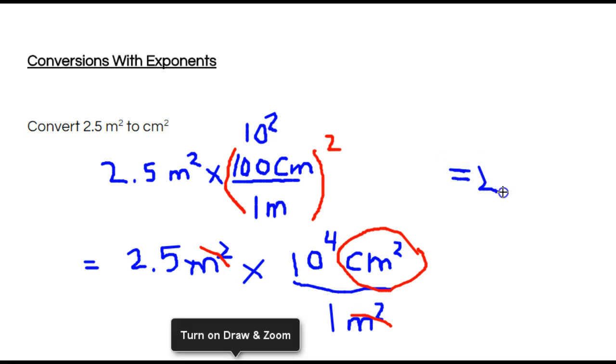The nice thing about converting my powers of 10 to scientific notation is that I already have this set up. So 2.5 times 10 to the power of 4, whoa, this is messy, square centimeters.